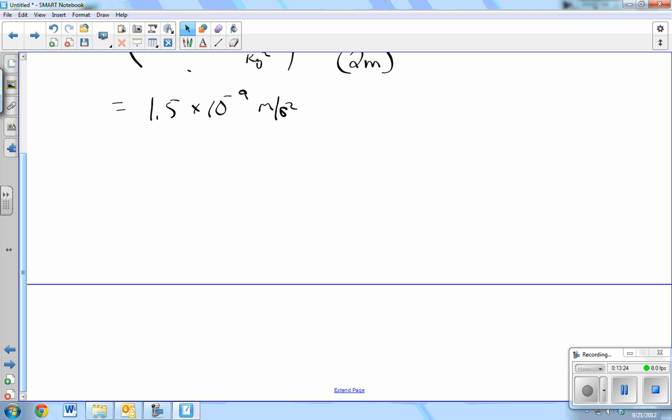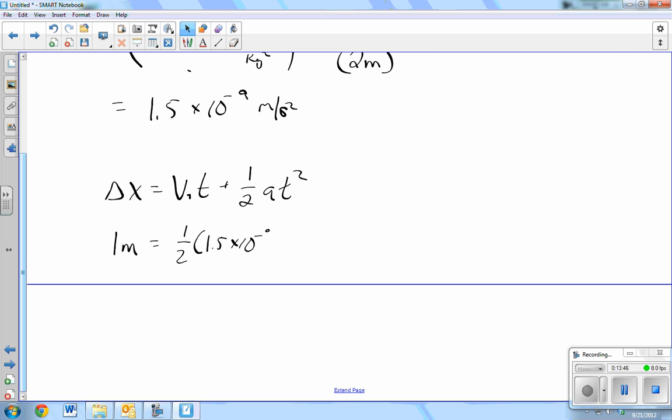How long would they have to wait until they met each other for their long embrace or whatever? Well, it's kinematics. They're 2 meters apart, but they meet in the middle, so there's 1 meter between them. Initial velocity is nothing. 1.5 times 10 to the negative 9 meters per second squared acceleration.